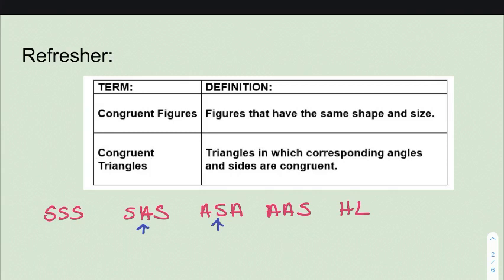Then we have 2 consecutive angles and then a follow-up on a side, so the side is not between the 2 angles. And then we had HL, which requires the hypotenuse of a right triangle for HL. All right, let's go ahead and move to the next page.